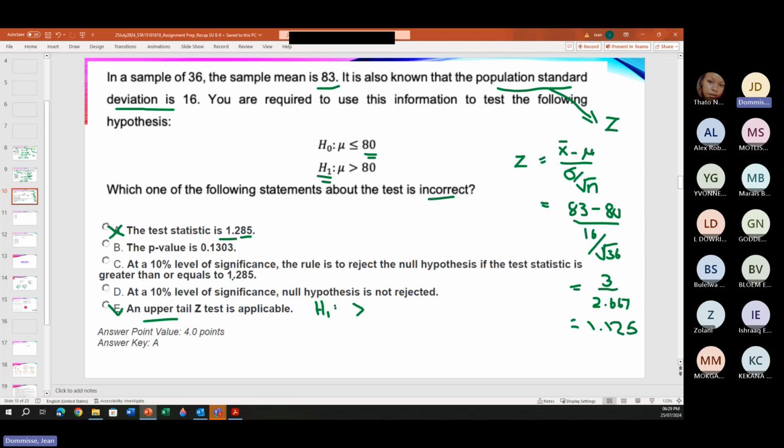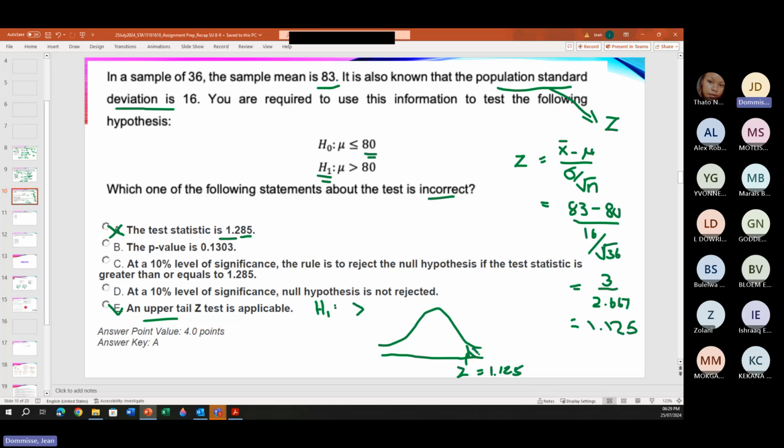It's bigger, so the alternative tells us that we are looking at the upper tail. Now again, back to study unit 7, Z was equal to 1.125.